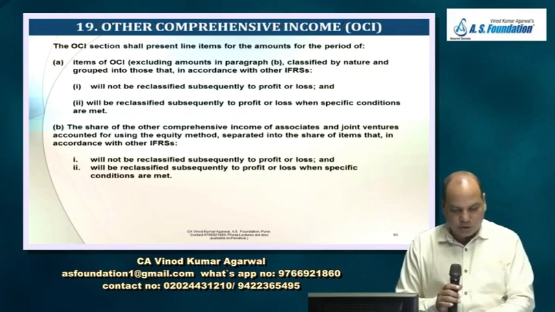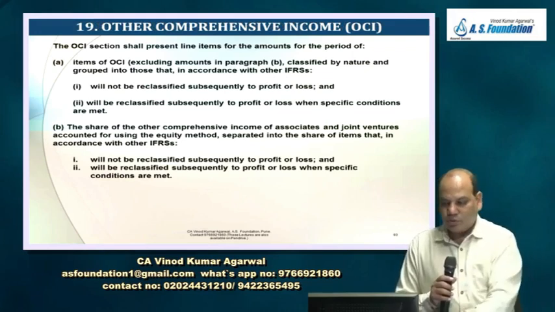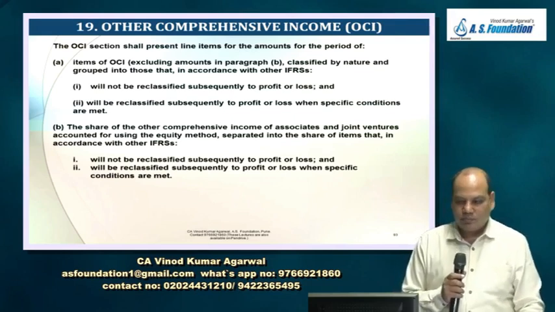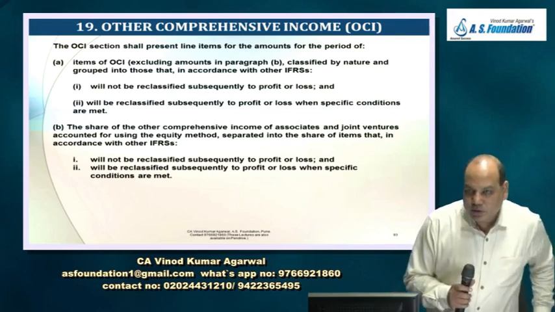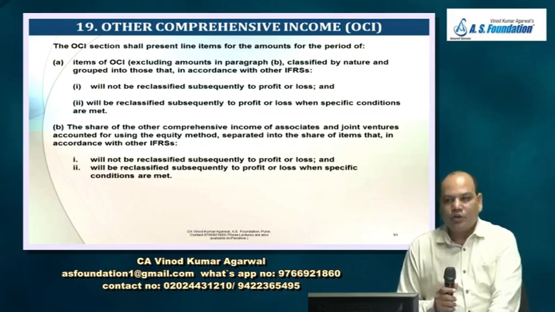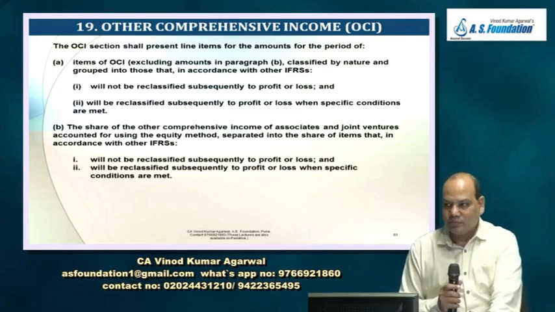Now the next part of total comprehensive income is OCI, other comprehensive income. Basically in OCI we normally write income or expense which are unrealized.